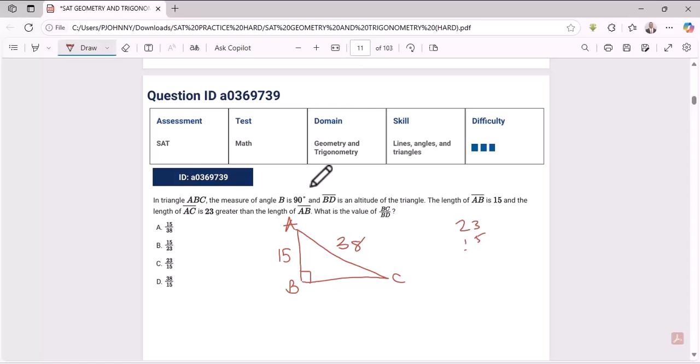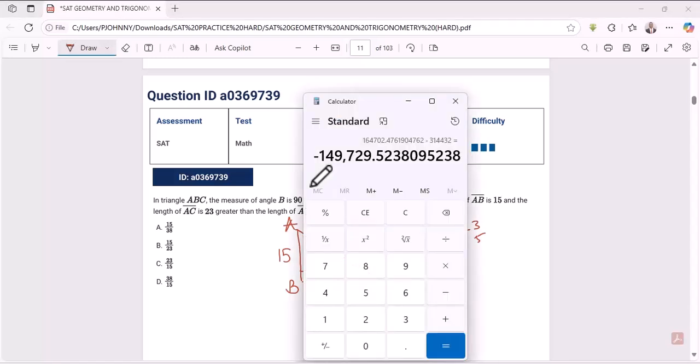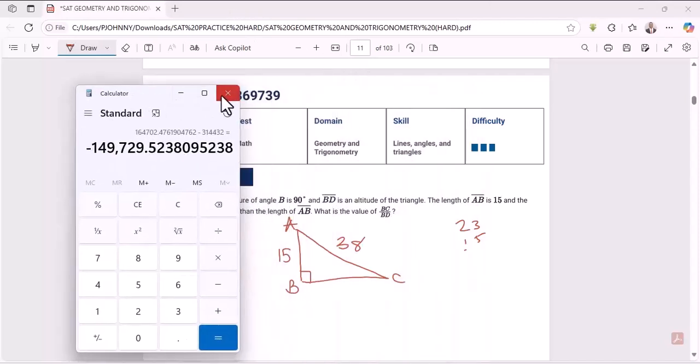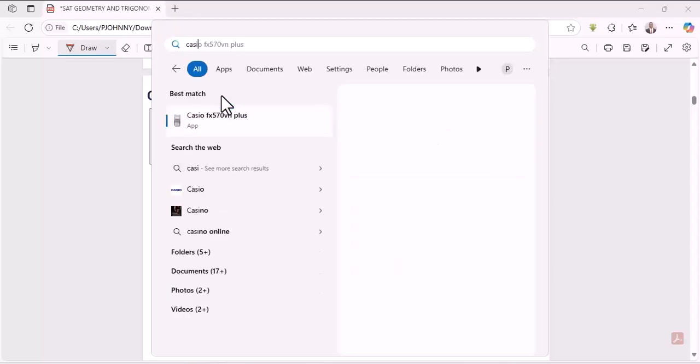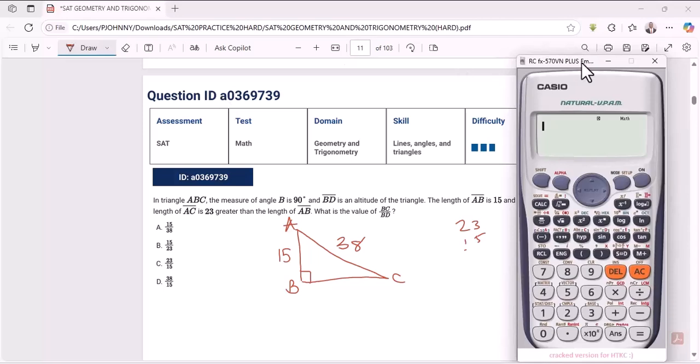So they want us to find BC over BD. So they say BD is an altitude of the triangle. Let's find. So we're going to use Pythagoras theorem. I actually prefer this. Let's use Pythagoras theorem to quickly get BC.